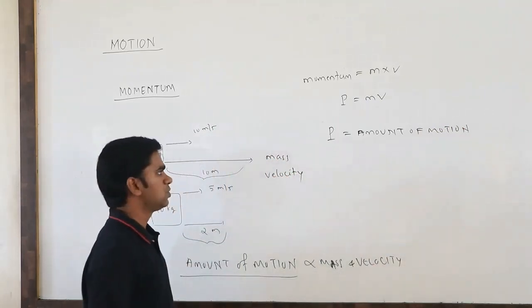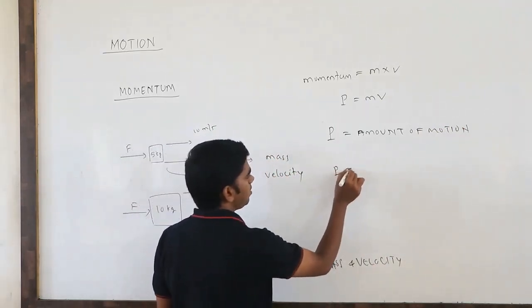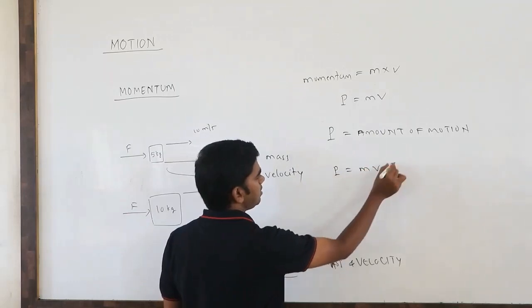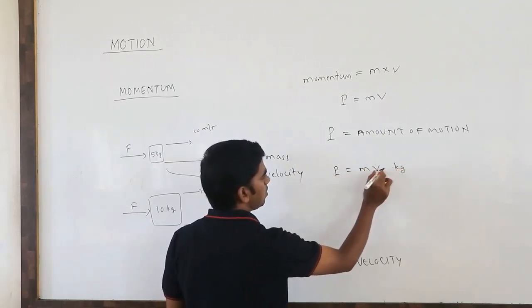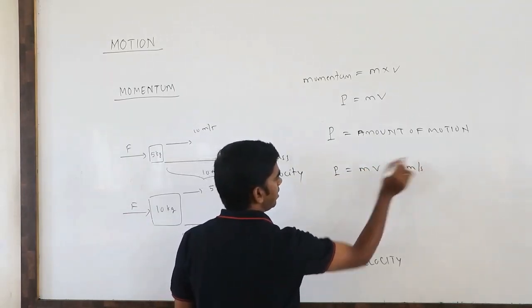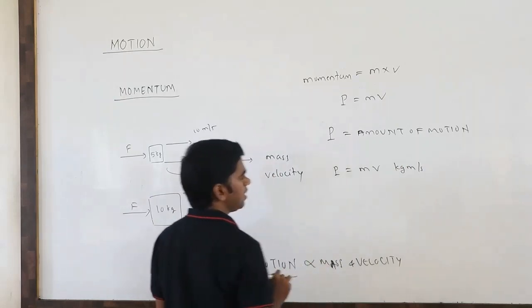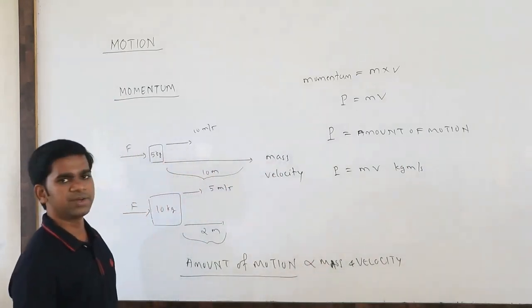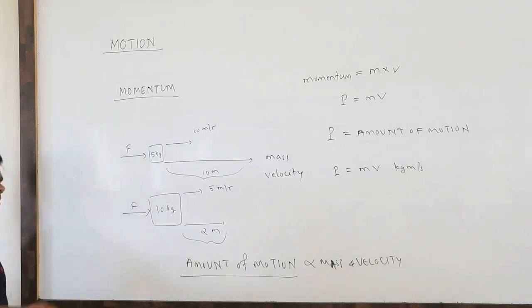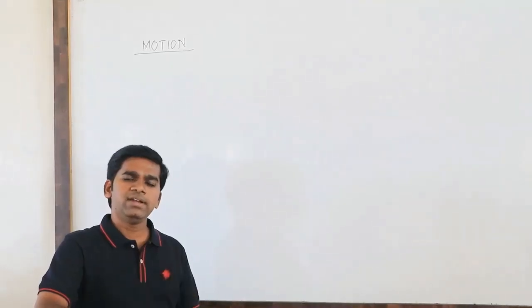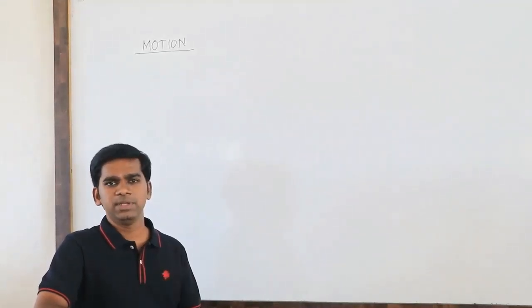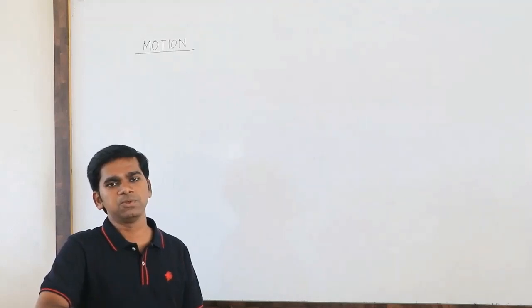Okay. So that is momentum P equals M into V. M is in kg and V is in meter per second. Okay. So this is what you can write as kg meter per second. Okay. So momentum is one of the important tools in explaining Newton's laws. So regarding motion, how a body will move, or how much it will move, how much force is required.